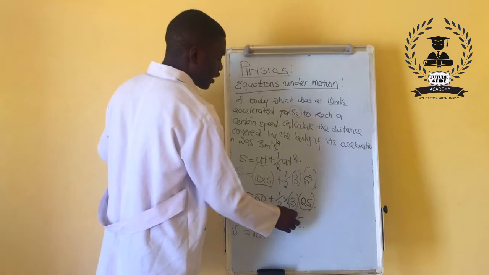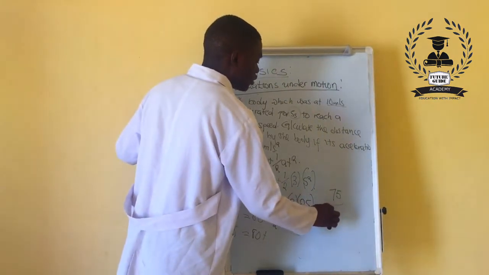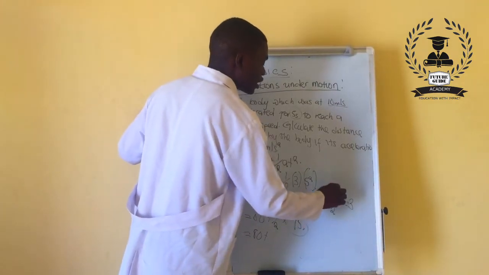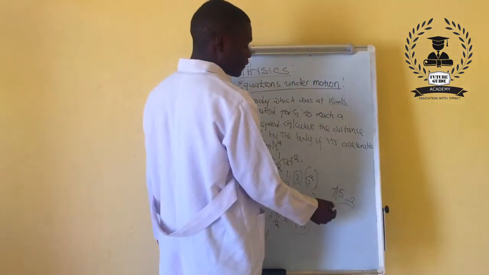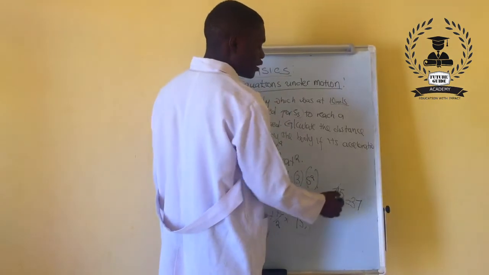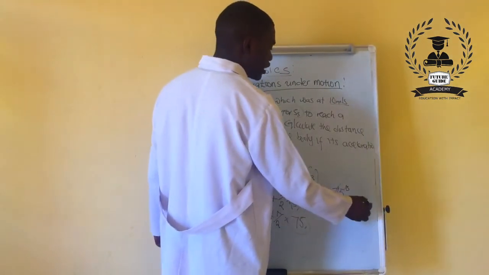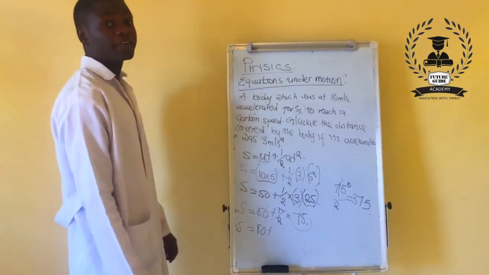Meaning this 75, we are dividing by 2. 2 into 7 is 3, remainder 1. 2 into 15 is 7, remainder 1. We put a point, add a 0, 2 into 10 is 5. So we have 37.5.